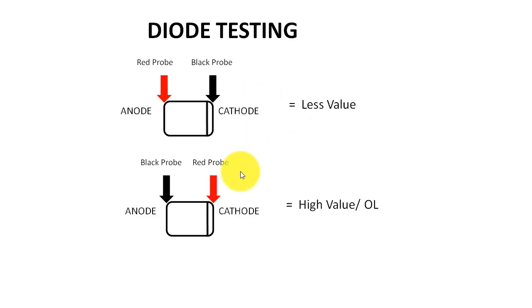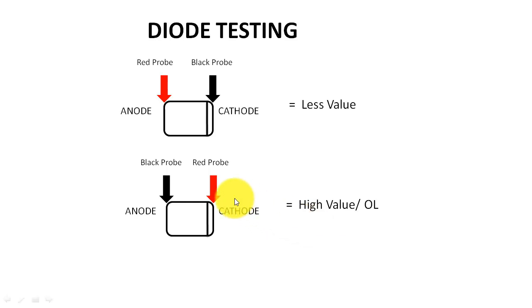And if you keep your multimeter's red probe on the cathode and the black probe on the anode, and the value shows high or over limit, then this is also okay.